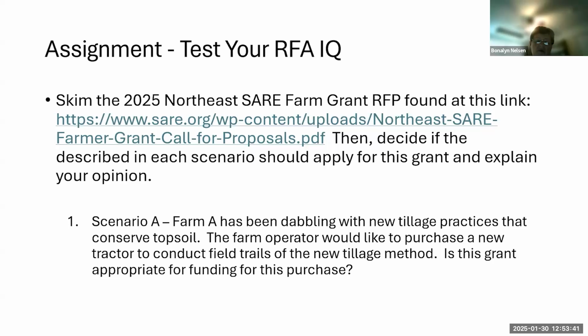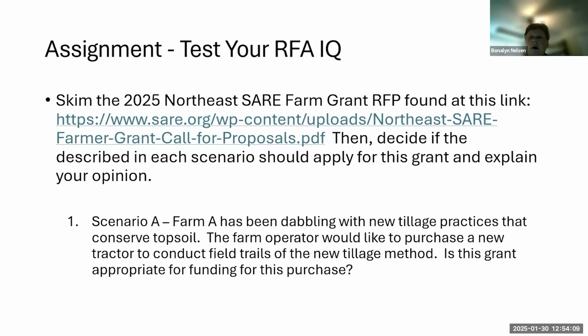Just say, what I've done is giving you a few scenarios here. So here's Farm A. It's been using some new tillage practices that it believes help conserve topsoil. The farm operator would like to purchase a new tractor in order to conduct some more formal field trials of their new tillage method.